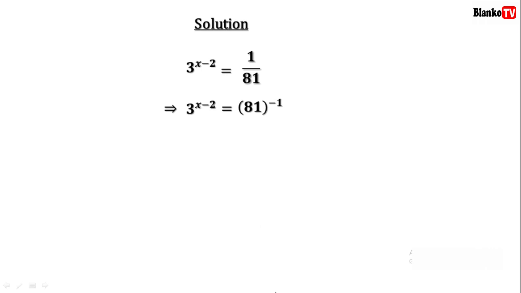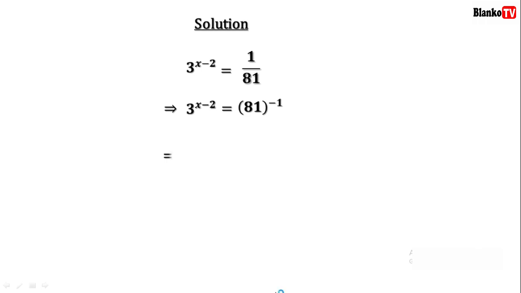I hope you are following it. We want to break the 81 down in such a way that we can get a common base on both the right hand side and then the left hand side. I hope you are following it.